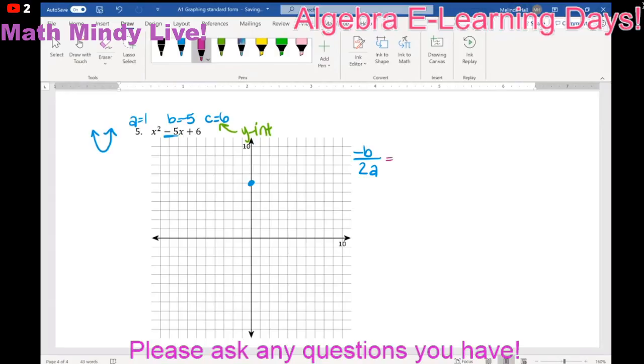So when you plug in the negative b, that would be positive 5. And so then over 2 times 1, because you're just plugging in the a and the b. And so that would be 5 over 2. Ooh, that one does not work out very nicely, does it? No, it does not, but it is okay.